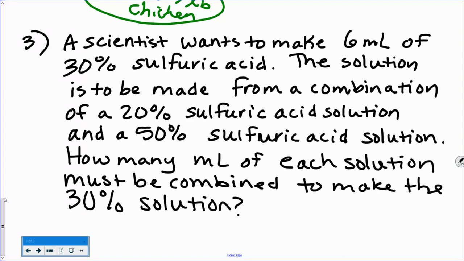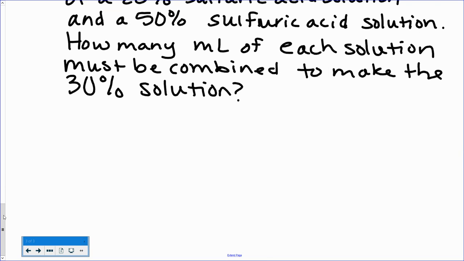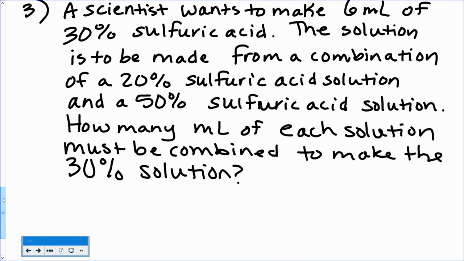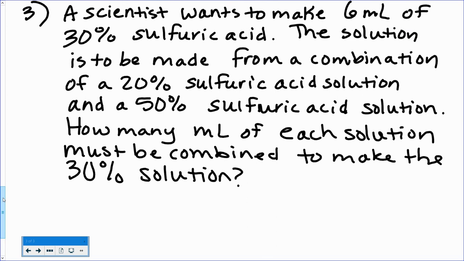Students a lot of times get overwhelmed by this because they see all these percentages and they just get lost and confused. So let's just start from the beginning. Let's create those two variables. We don't know how many milliliters of each type of solution, the 20% and the 50%.